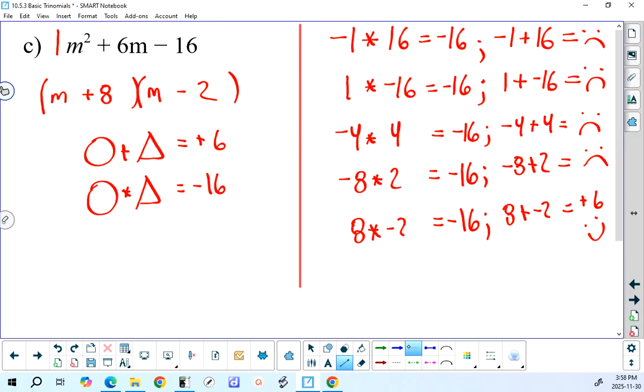All of this stuff over here, with experience, you will not need to write down as much. I knew by just looking at this that it had to be 8 and negative 2. And I hope that of the 9 or 10 students in 10C right now, at least 2 or 3 of you are starting to pick up that you can do this kind of thinking in your head instead of writing all this stuff down.